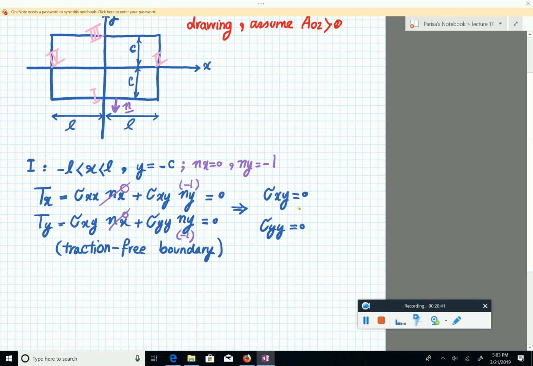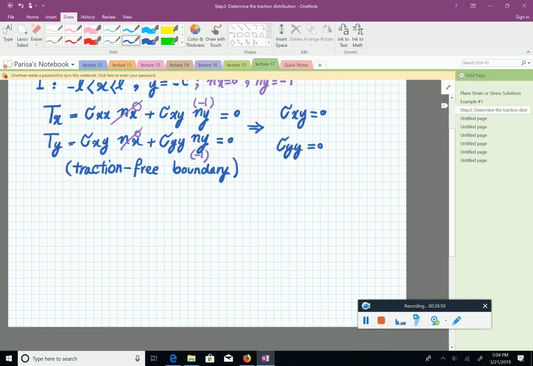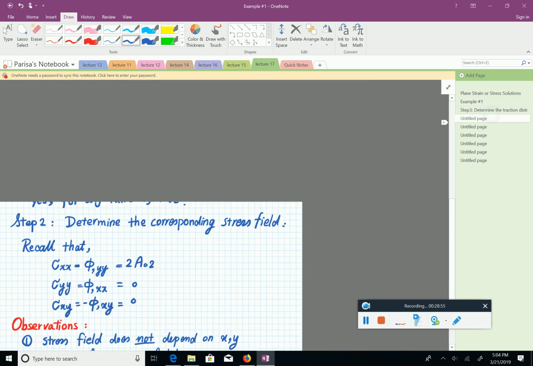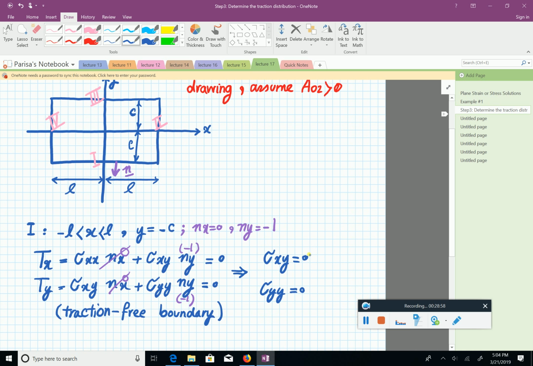So here, sigma xy is 0 and sigma yy is 0 because we calculated them and they were equal to 0. So maybe that was confusing. So as a result of that, Tx is equal to 0. I kind of skipped this part. You don't know the surface is free. So again, this is different. That's not your problem. You are making your problem. You are constructing it.